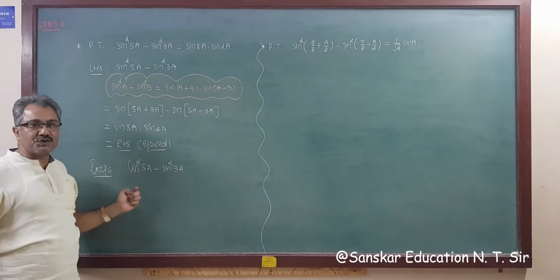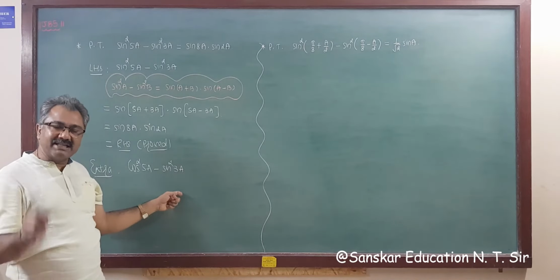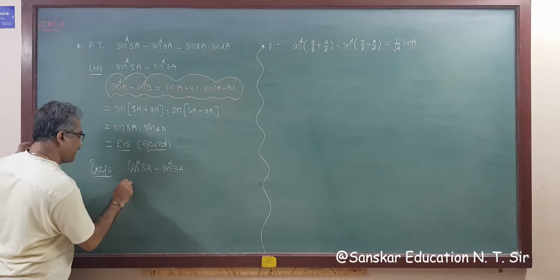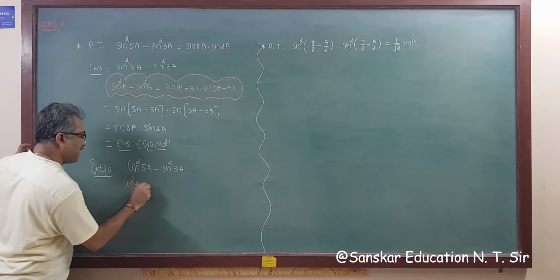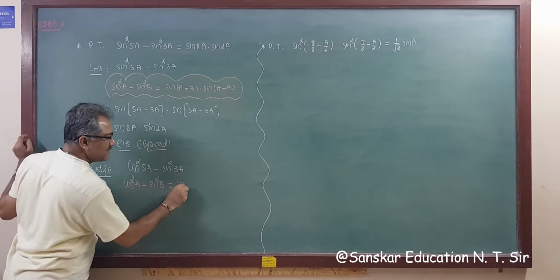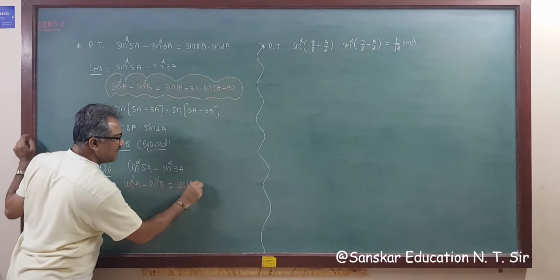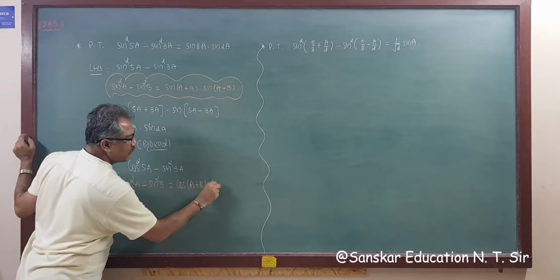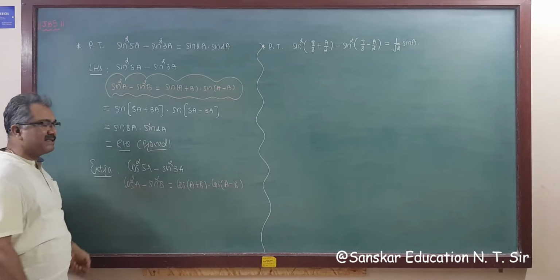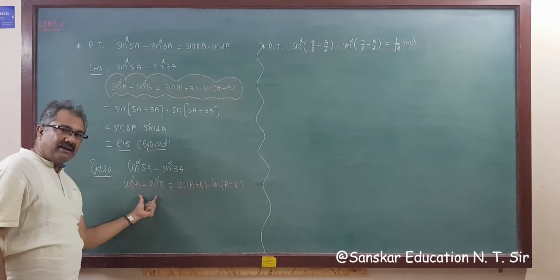Now this is cos square A minus sin square B. The formula is cos(A plus B) into cos(A minus B).